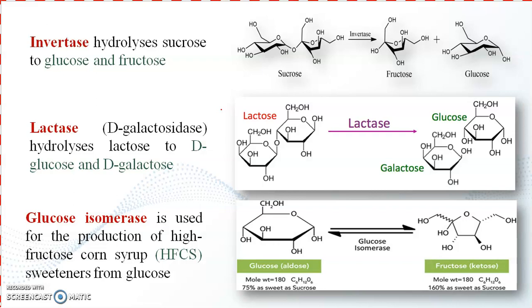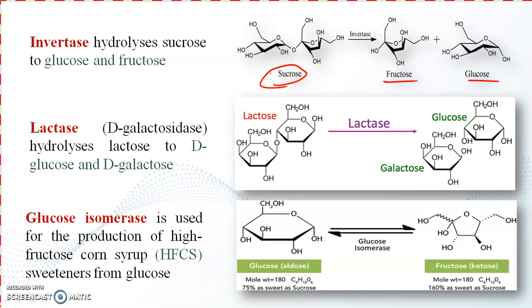Now another enzyme is invertase, which hydrolyzes sucrose, which is a dimer, into fructose and glucose. This reaction is carried out when we have to prevent crystallization. Sucrose crystallizes easily.